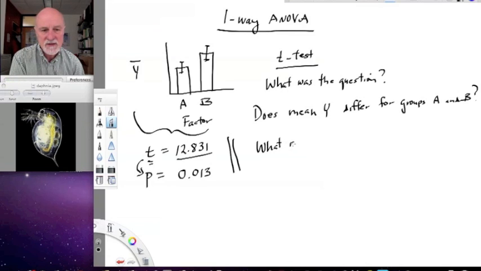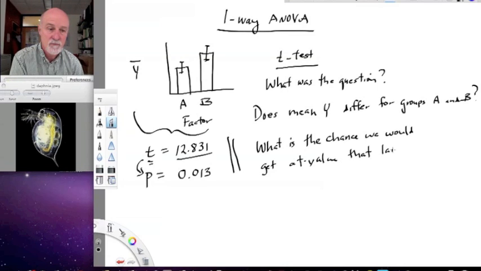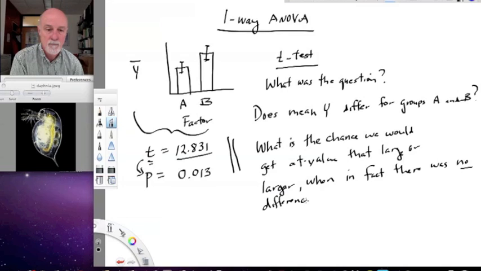What is the chance we would get a t-value that large or larger when in fact there was no difference between mean y for levels A versus B?